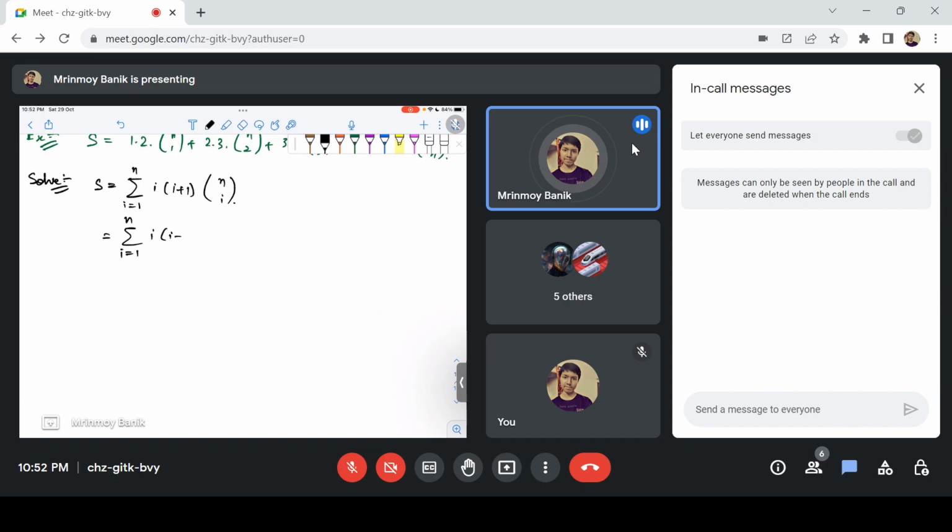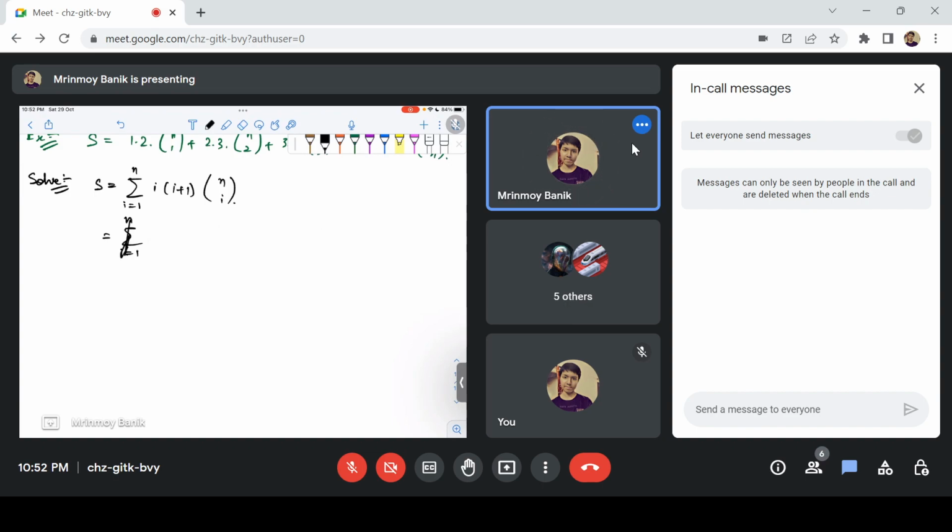So using it once, we get n by i times, again using it once more, we get n minus 1 by i minus 1 times n minus 2 C i minus 2. This i and this i and this i plus, oh, this is an i plus 1. Sorry. I can't use a backward reduction then.